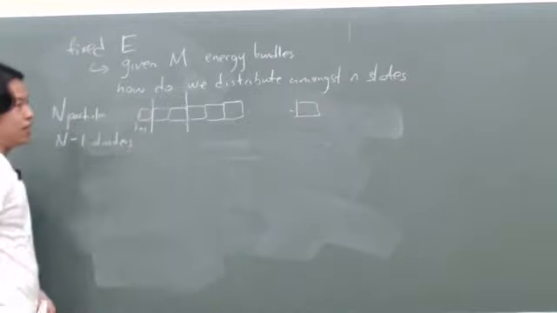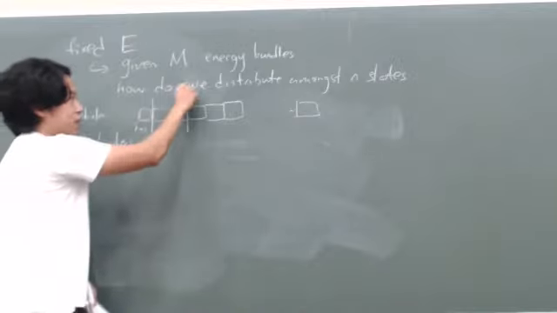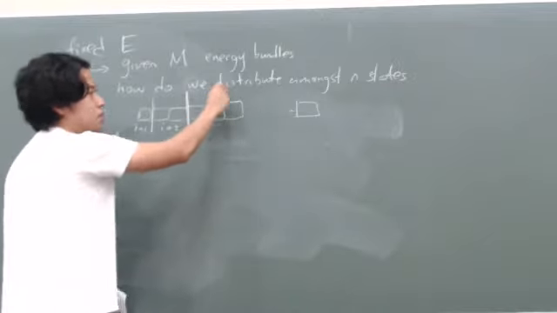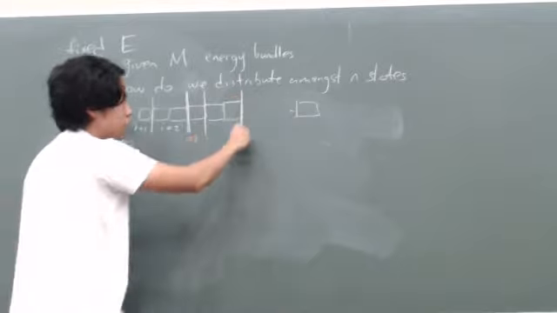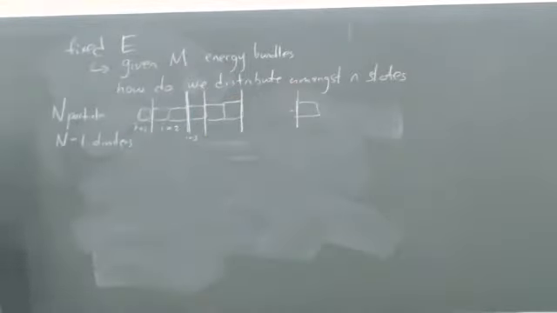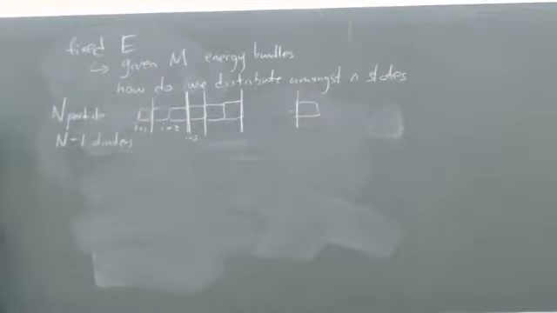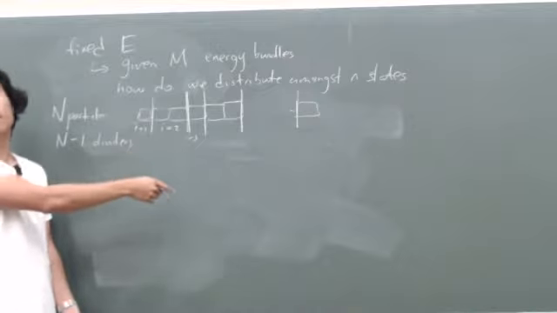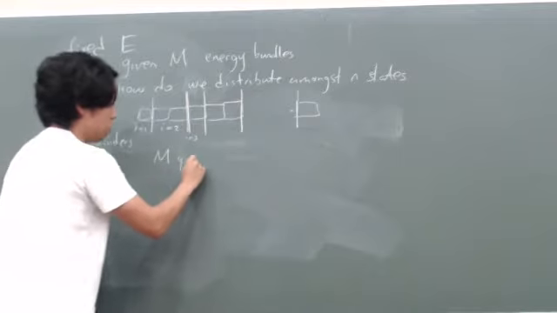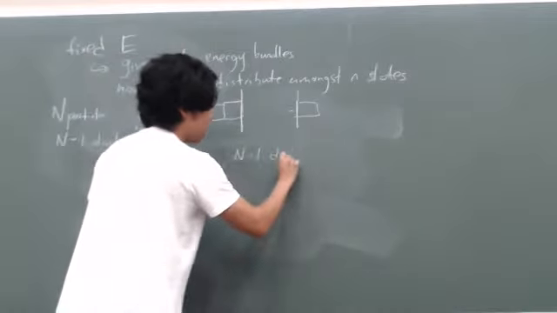The second divider here, so then i equals 2 particle gets 2 bundles of energy. And I put another divider here, so i equals 3 particle gets nothing. And then it keeps going, i equals 4, here i equals 5, and so on, until I put N minus 1 dividers amongst M bundles to decide how much energy each particle gets. So this is a very classic combinatorics problem of having M quanta and N minus 1 dividers.